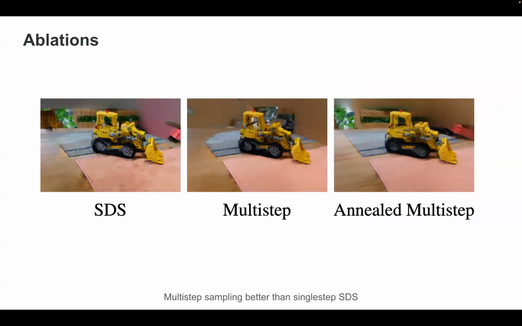Here they also compare to SDS. You can see, especially here, that this thing blends in with the table. They have two variants of their multi-step approach: the vanilla multi-step, and one where they anneal the time steps that they sample from for the diffusion model.